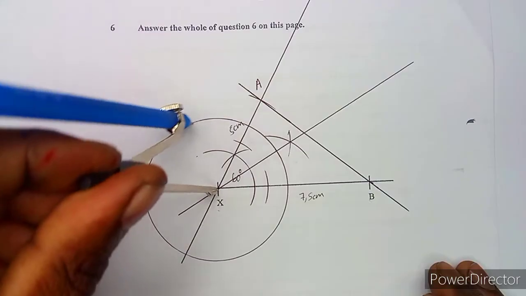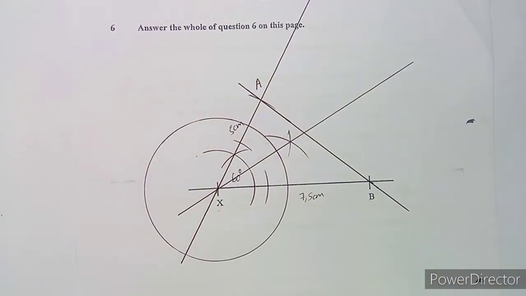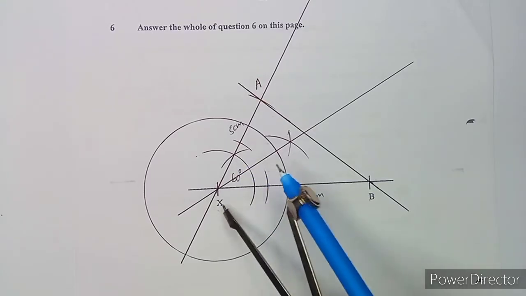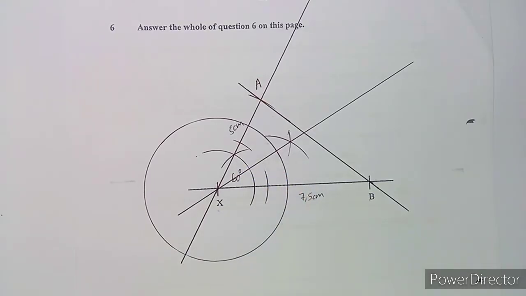This is our circle, locus of points equidistant from a fixed point. If a point is fixed, it's a circle. It's actually the definition of a circle, locus of points equidistant from a fixed point.